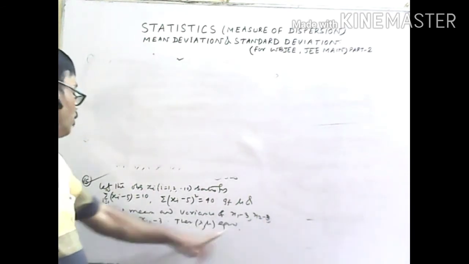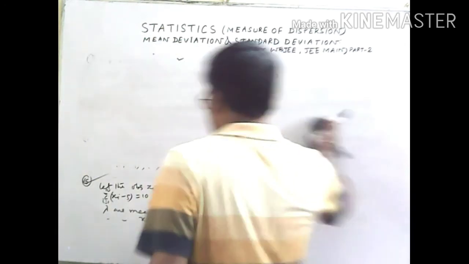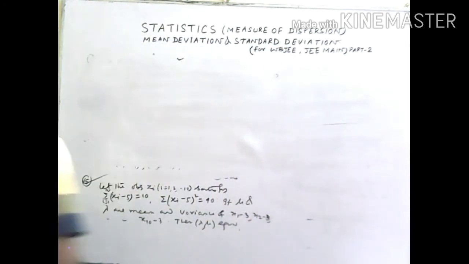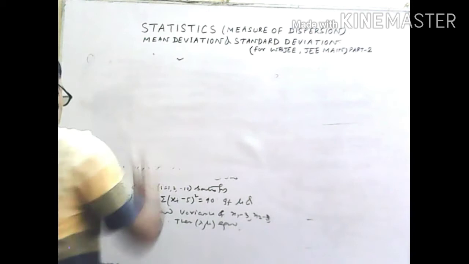Then lambda mu equals to... so, problem number 15.